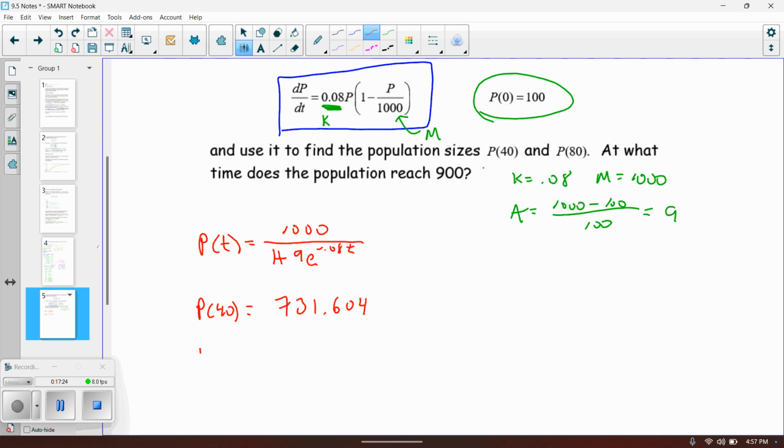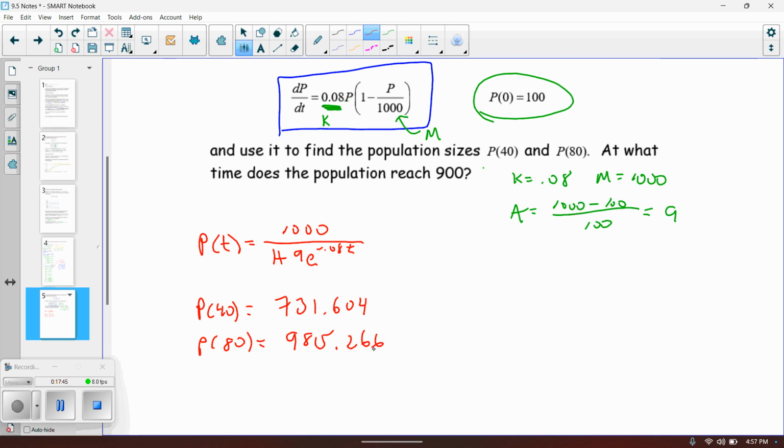But population at 80, same idea. Hopefully, you all know how to use your calculator. You don't have to retype the entire thing in. You just copy and paste the piece that's already in there and then type in 80 where the 40 was. You should end up with 985.266.